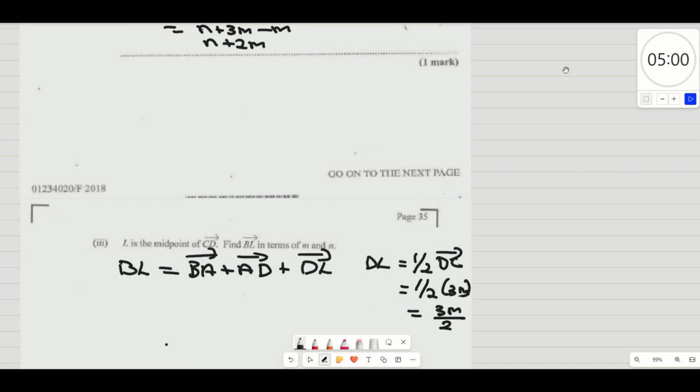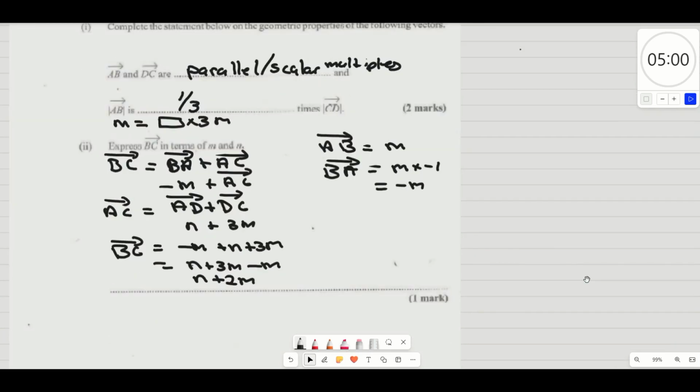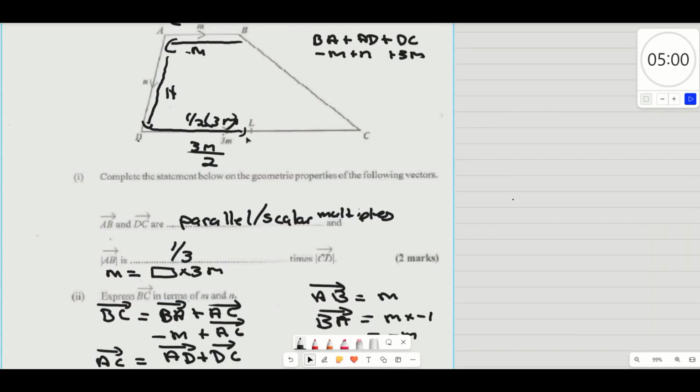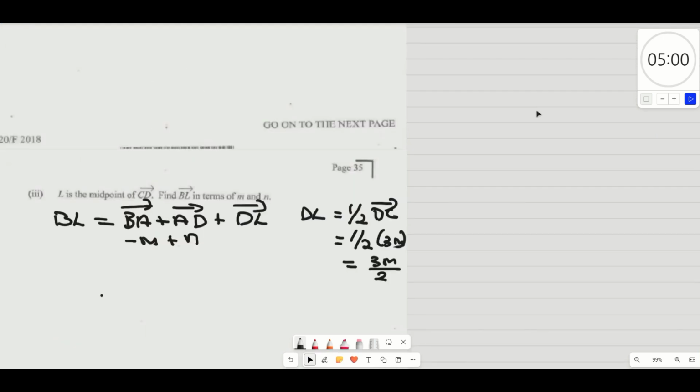AB was M, so BA would be negative M. So negative M plus AD, which is N, and then DL would be plus 3M over 2.